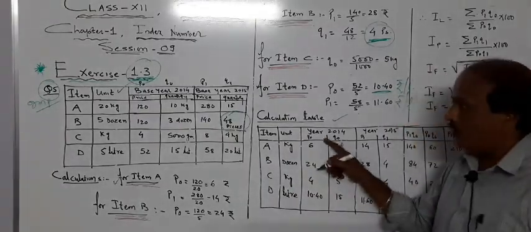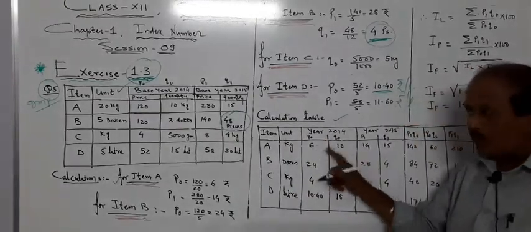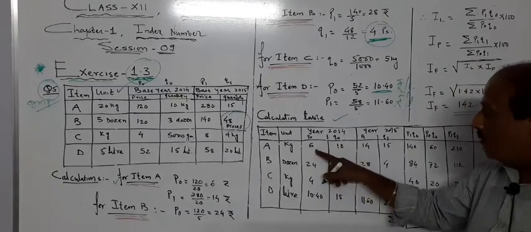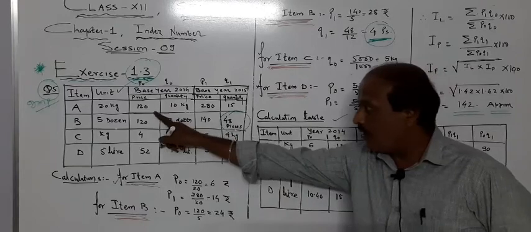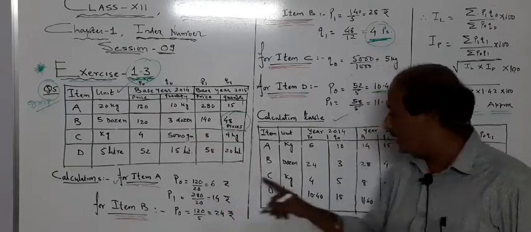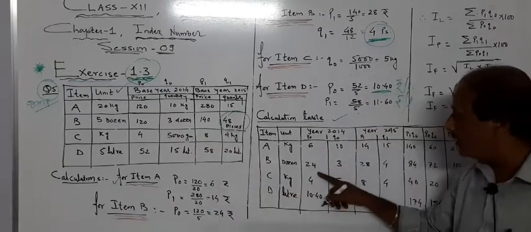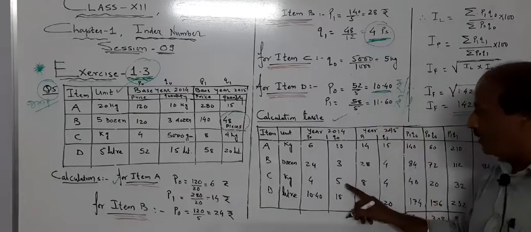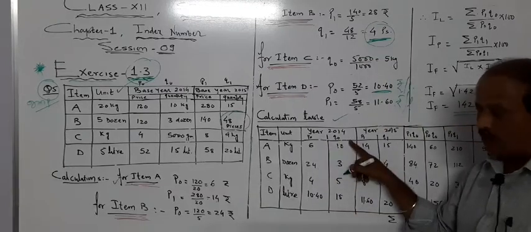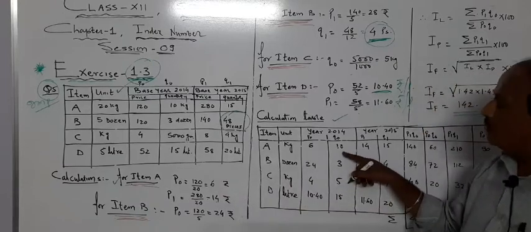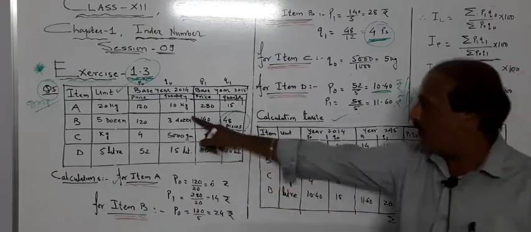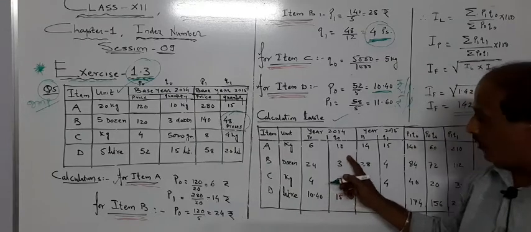Then the rest of the two columns are as they are, but price P0 is not 120, it is 120 divided by 20, that is 6. So whatever calculation we did here, that will be your P0 and Q0. P0 is 6 and Q0 is already 10. So that is no problem.